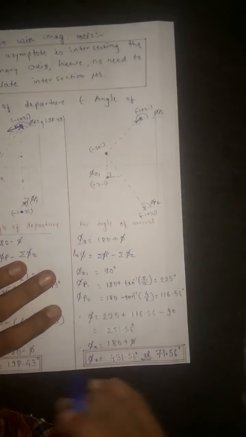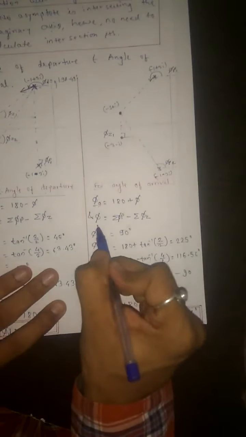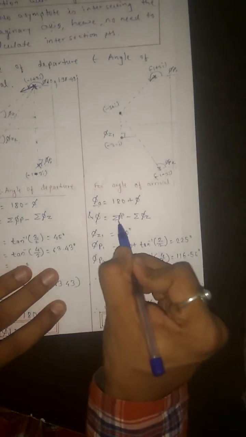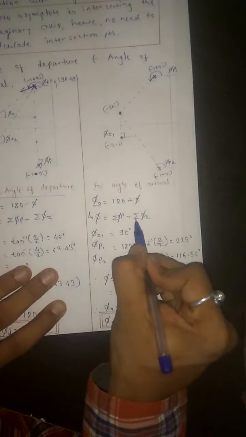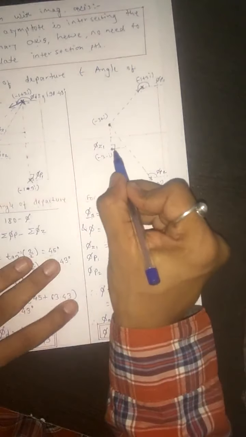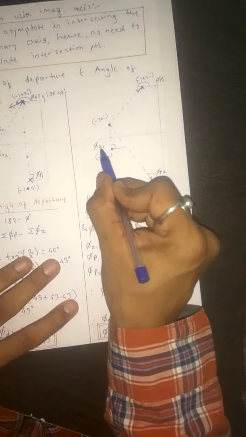In the same fashion we need to calculate the angle of arrival, phi a, which is 180 plus phi. And phi is the same, summation of angles made by poles minus summation of angles made by zeros.